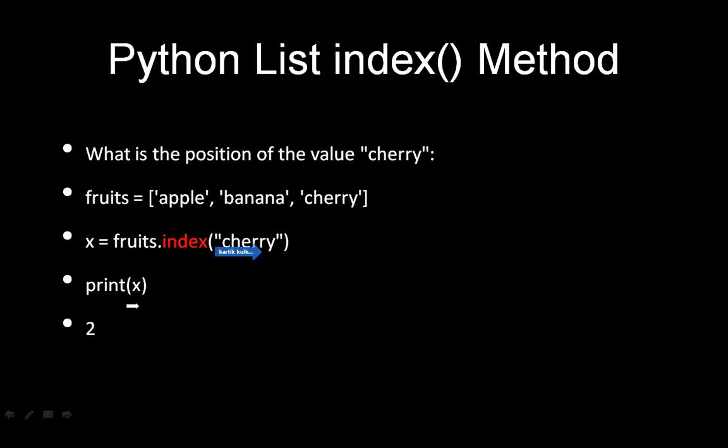When I print the value of x, you will obviously get 2 itself. So this is the theoretical explanation about the index method. Now we will look into the practical implementation of this particular method.